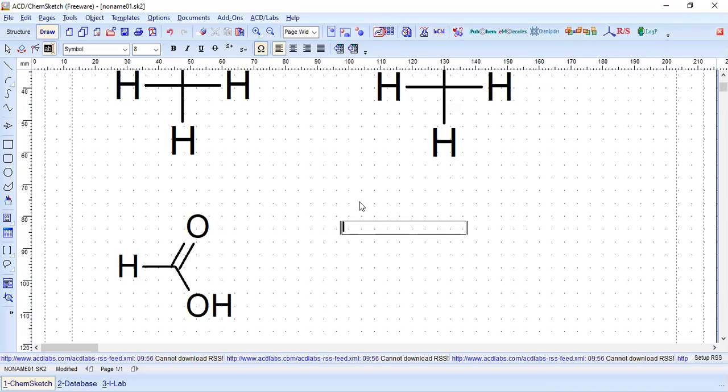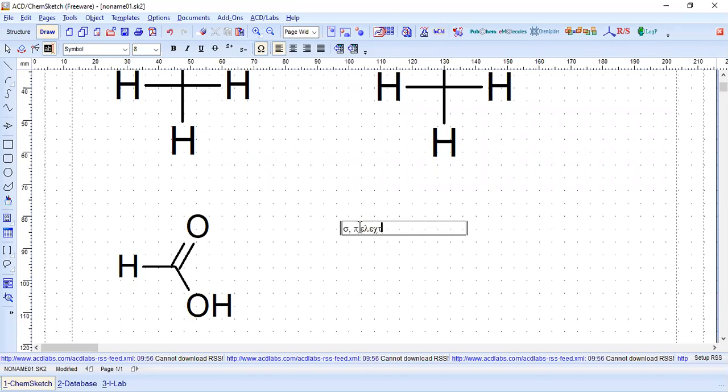In Greek language, sigma means S. In symbol, we write sigma electrons and pi electrons.